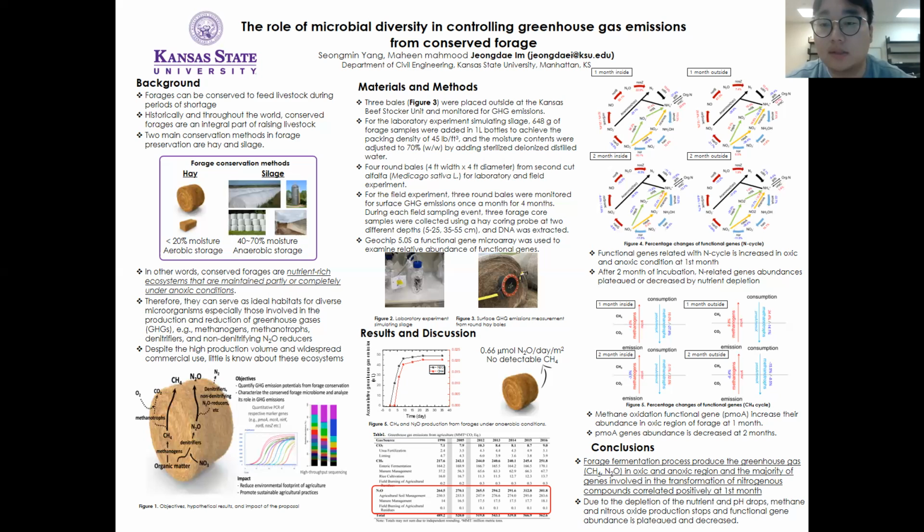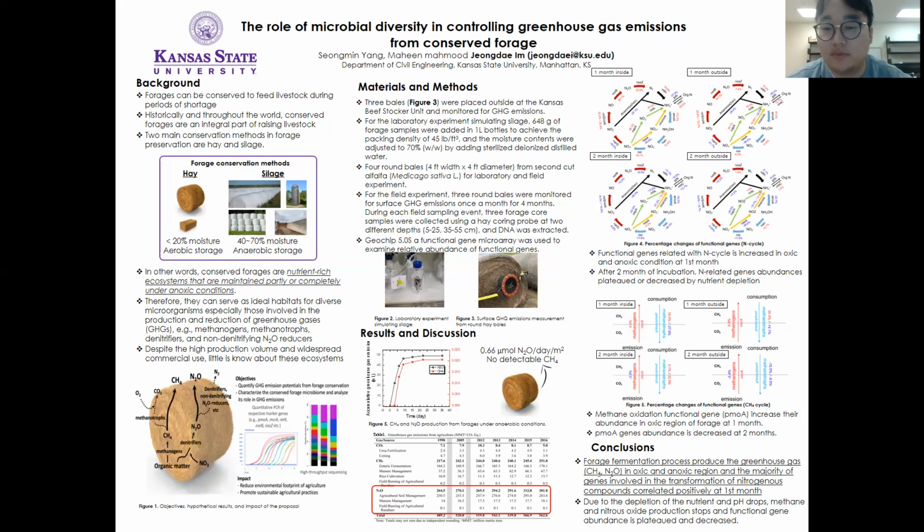After 2 months of incubation, nitrogen-related gene abundances plateaued or decreased due to nutrient depletion. The same applies to the methane oxidation functional genes. They increased in the first month and decreased in the second month.